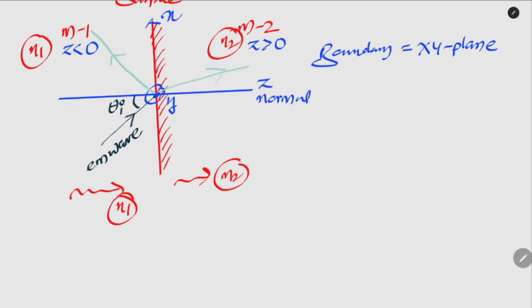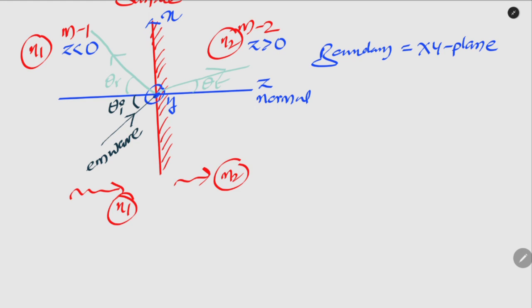Here we have to make the angles related to the reflected wave and the incident wave. The reflected wave is making the angle theta r, that means the angle of reflection, with the normal to the boundary. Similarly, the transmitted wave is making the angle theta t with the normal to the boundary.